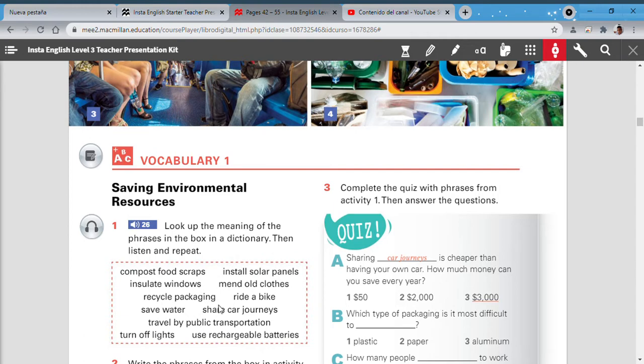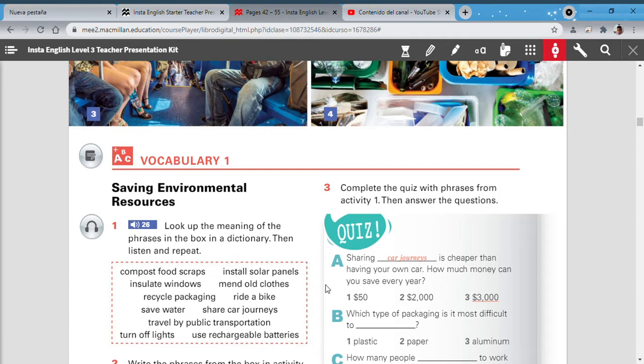Save water. Travel by public transportation. Turn off lights. Install solar panels.